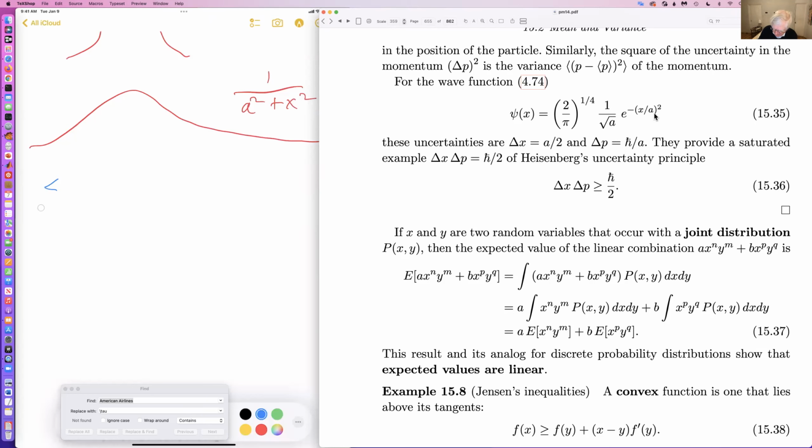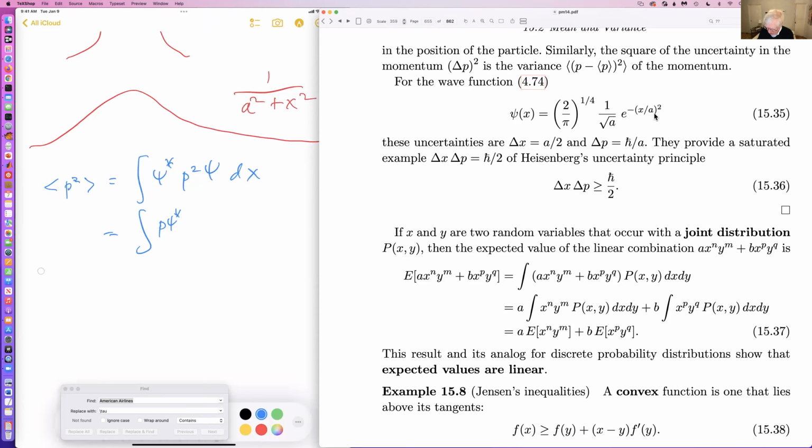So what's the average value of P squared? Well, the average value of P squared would be psi star, effectively P squared psi dx. I'm doing things in one dimension, okay? And so this would be, this P is Hermitian, so it's basically P on psi star.